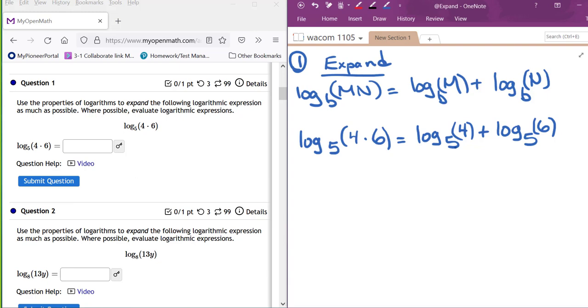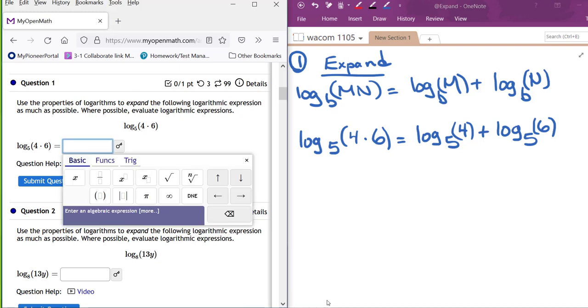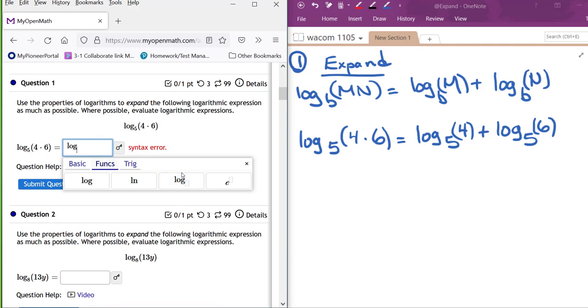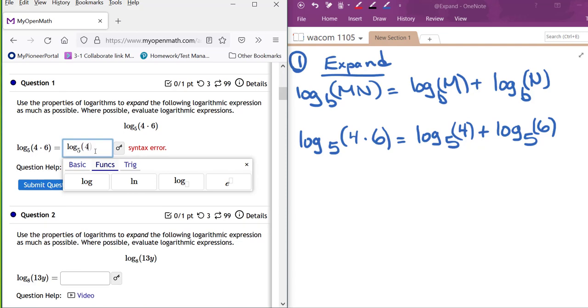A lot of times I write this without the parentheses if there's not more pieces here. Let's just do that real quick and see if we can get away with it in the answer box. So we want functions, and we want the log with a box because we have a base 5, and then we want out of that box, so it will be 4, and it does the parentheses automatically here.